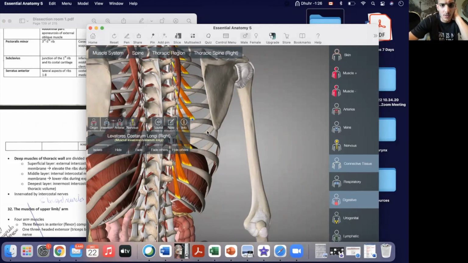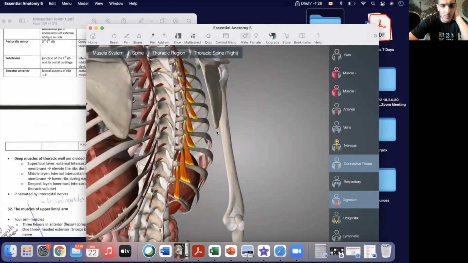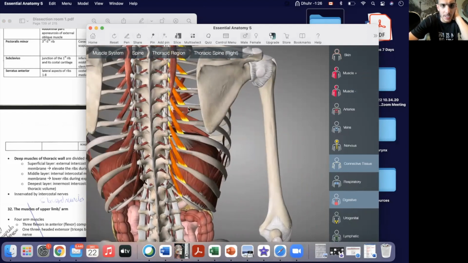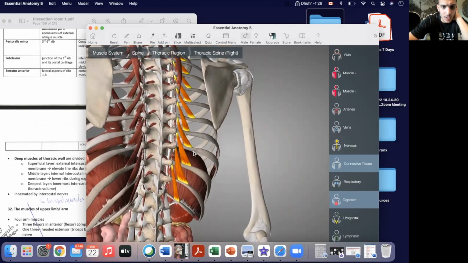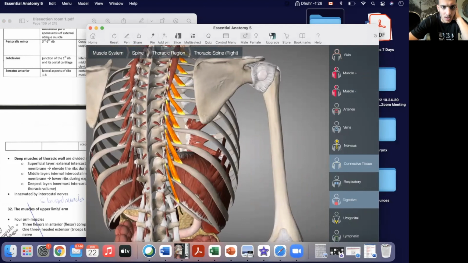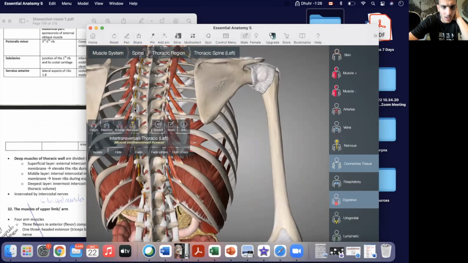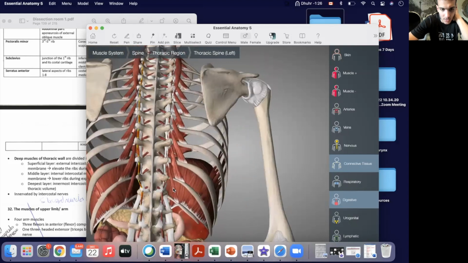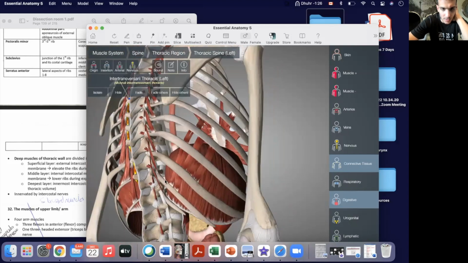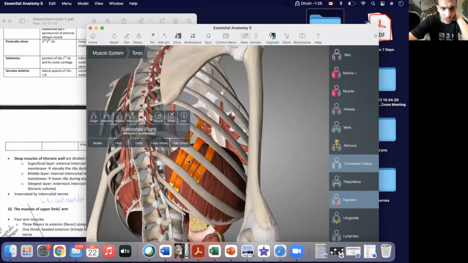Levatores costarum. These are some additional muscles that you may need to know. And the subcostalis, let me see. There are a lot of types actually, but I think these are the ones here, subcostalis.